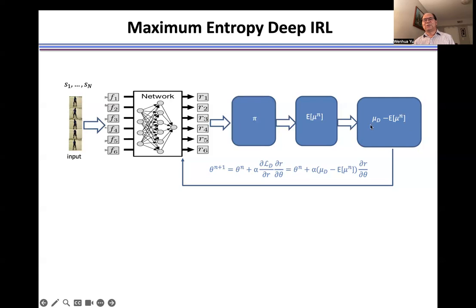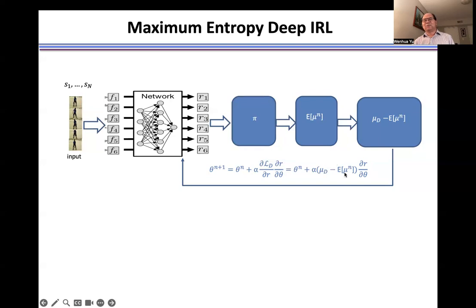And we use this difference combined with the gradient of the reward function with respect to the model parameter theta together through backpropagation to train the neural network. Once this network converges, this feature count is close to the feature count under the expert policy.